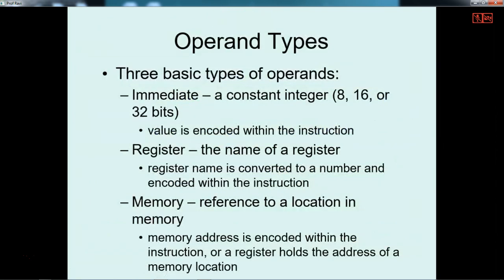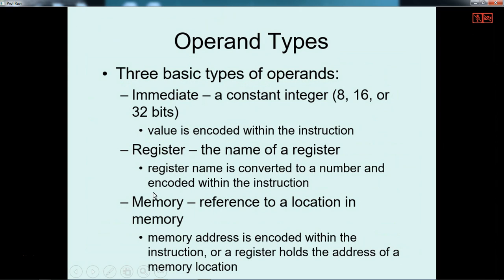And coming to the types of operands, you have three basic types of operands. Immediate, a constant integer of 8 or 16 or 32 bits. The value is encoded within the instruction. The operand can be an immediate data, or the operand can be specified in a register, or the operand can be specified in a memory.